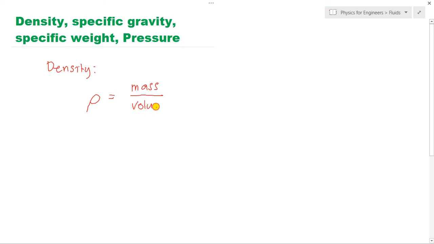Meaning, if you are massive and you just consume a tiny amount of space, let's say this one, its mass is big, and as you notice, its volume is very small, so therefore it is dense. Compared to this, which is big, but its mass is very tiny compared with this.